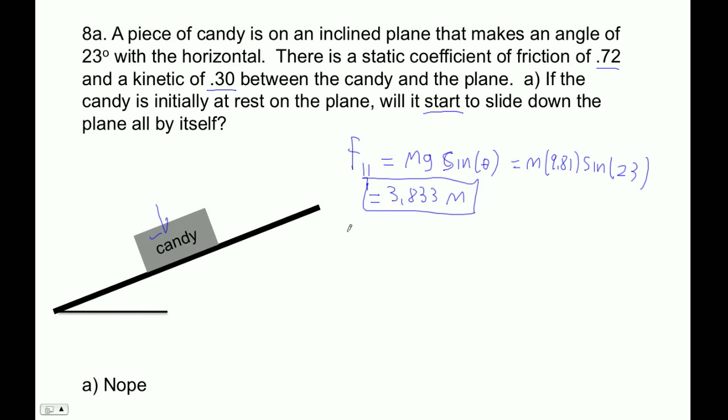The next thing we're going to do is find the perpendicular component of gravity, right? So that's going to be mg cos theta. For us, it's going to be m times 9.81 times cos 23. Okay, so let's see.